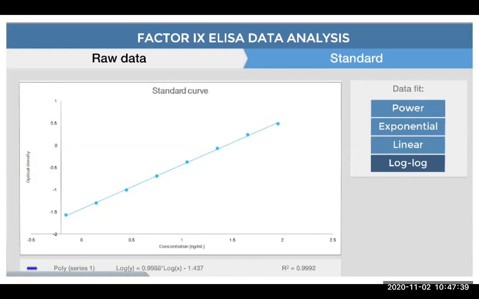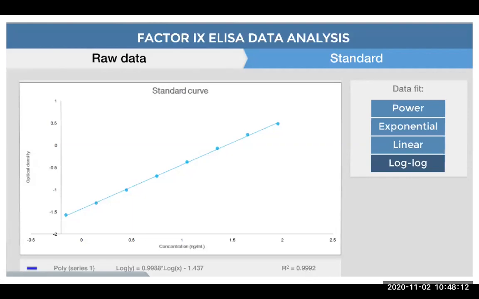And remember, 1.437 is just where this line would cross the y-axis. And when a standard curve is plotted, the r squared value here will tell us how good a fit is. How well does a straight line fit these data points? And the closer to 1, the better the fit. So 0.99 is a pretty good fit here.